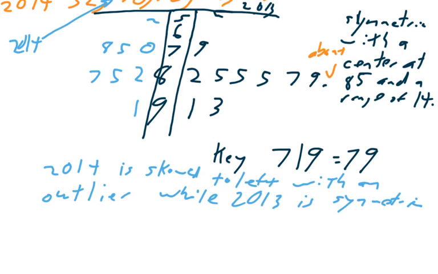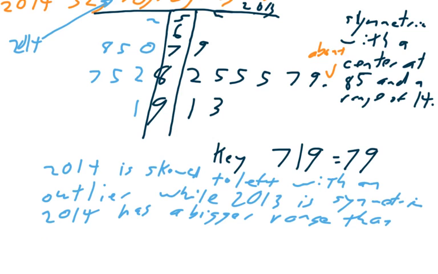Now, when I compare, I'm just comparing and I'm not necessarily using numbers. So I'm going to say 2014 has a bigger range than 2013 and a smaller center.